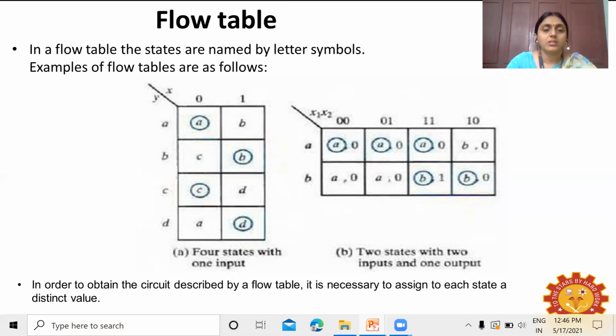Here the first flow diagram shows 1 input and 4 states, and the second flow diagram explains 1 output and 2 inputs, with 2 states.